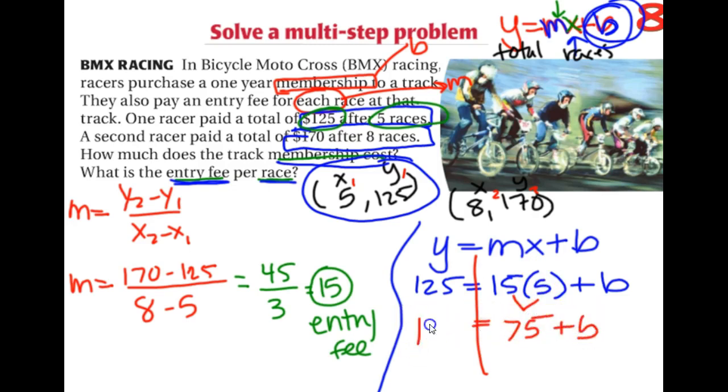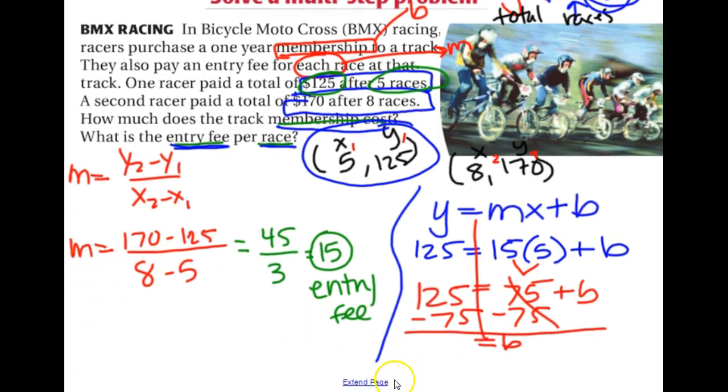Or you can just plug it in your calculator. Then subtract 75 to get B by itself. B equals 50. So our membership fee, our one-time fee, is $50.